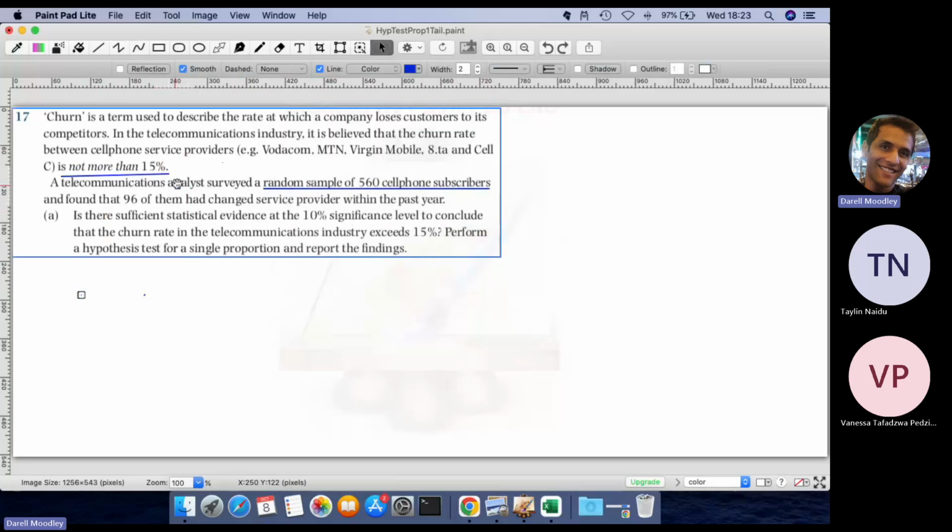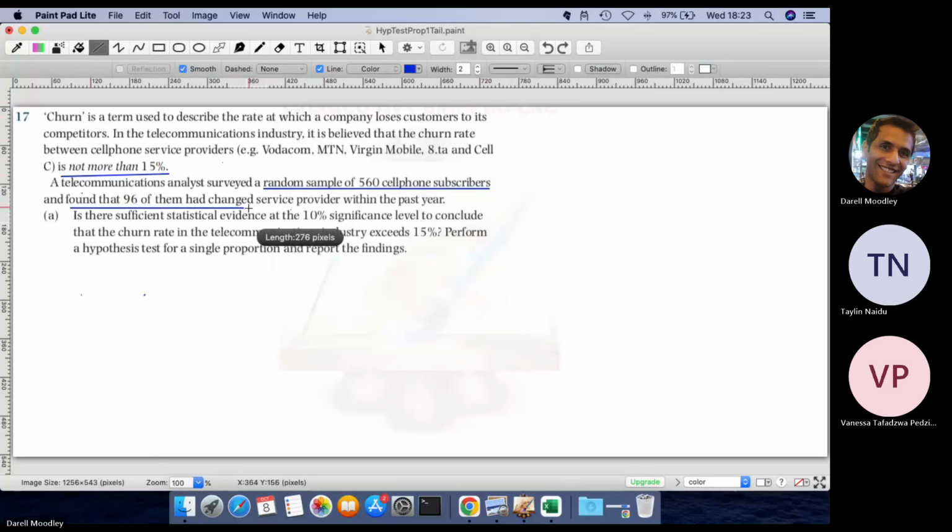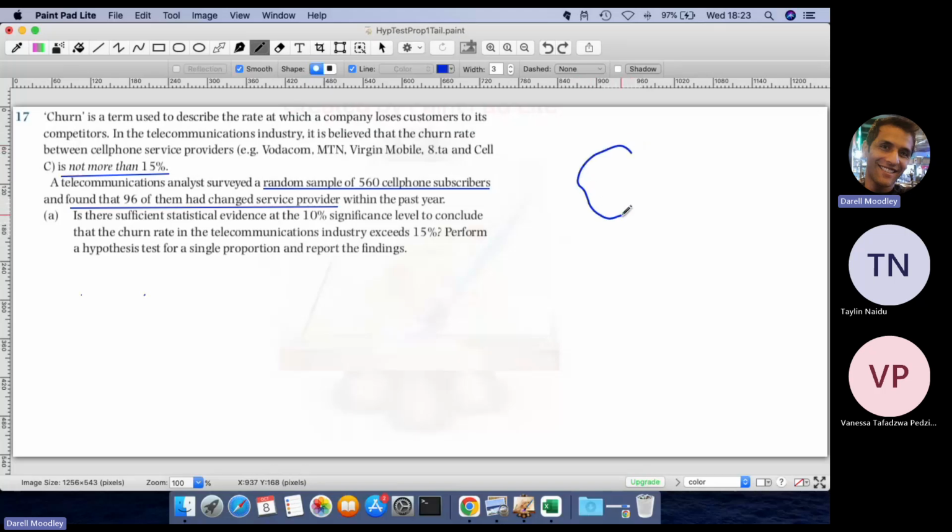They found that out of those 560, 96 of them had changed service providers within the past year. So you went out into the field and only looked at a sample. The sample size was 560 clients, and of those 560, 96 changed service providers.